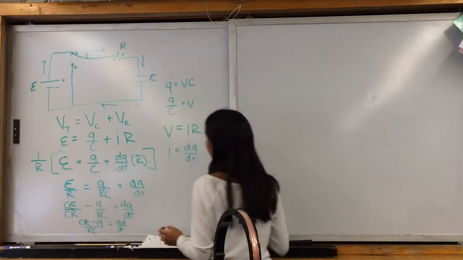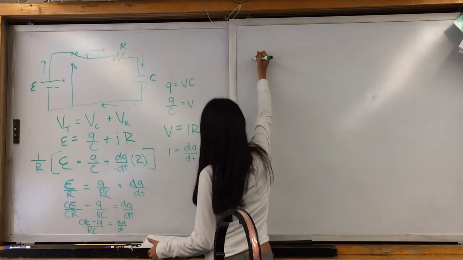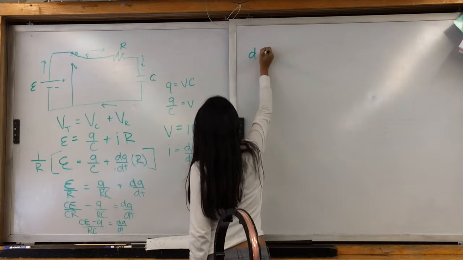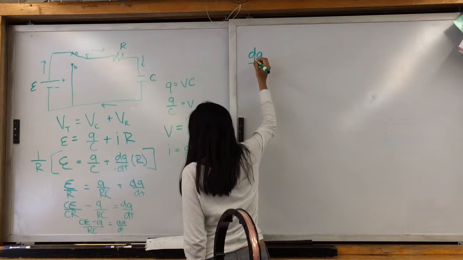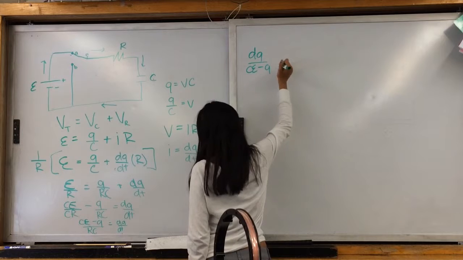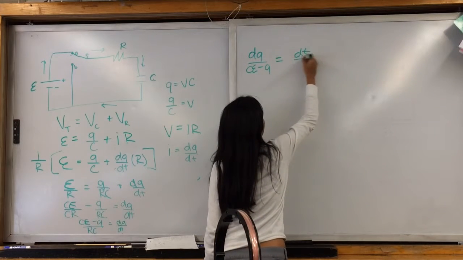And so we want to get the Q's together. So you have dq over CE minus Q equals dt over RC.